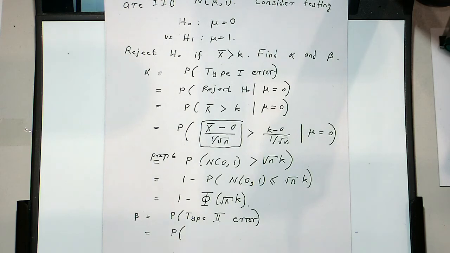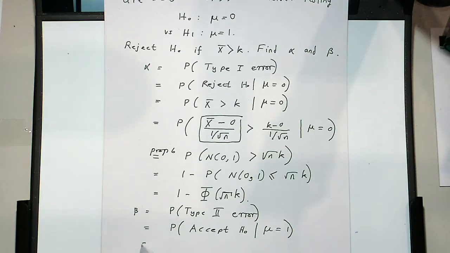You should know the type 2 error occurs when you accept the null hypothesis when it's not true. So you accept H0 when it is not true, which means that mu must be equal to 1. Yeah? Okay?